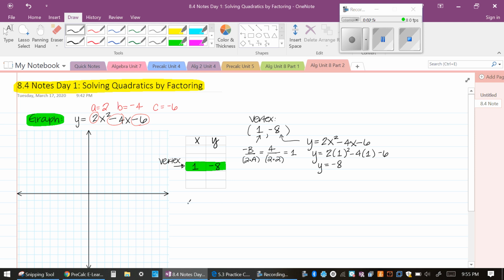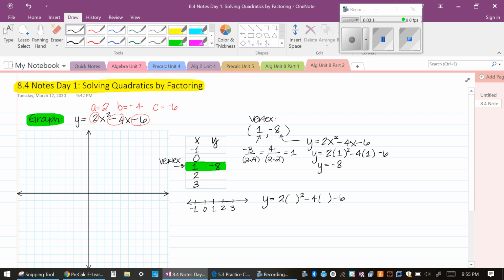Then we said, okay, we need to fill the rest of the table out. So we need the two numbers bigger than 1 and the two numbers smaller than 1. And we put those on the table. Remember, I write them from smallest to biggest. Then we took turns substituting those values into the equation in parentheses to find their partners.